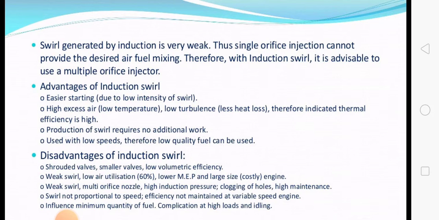Therefore, heat loss to the combustion wall also reduces, resulting in easy cold starting. Easy starting, high excess air, low turbulence, therefore indicated thermal efficiency is high. Production of swirl requires no additional work. Used with low speeds, therefore low quality fuel can be used.